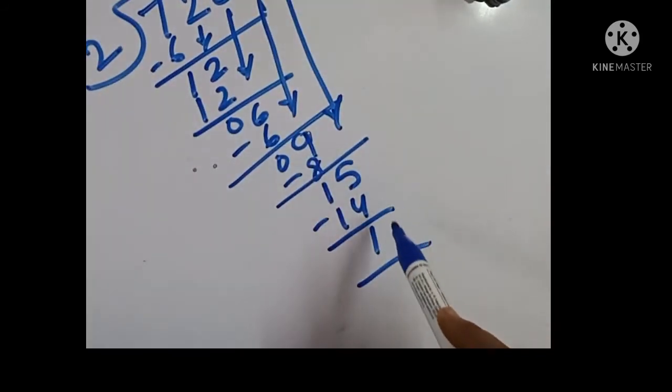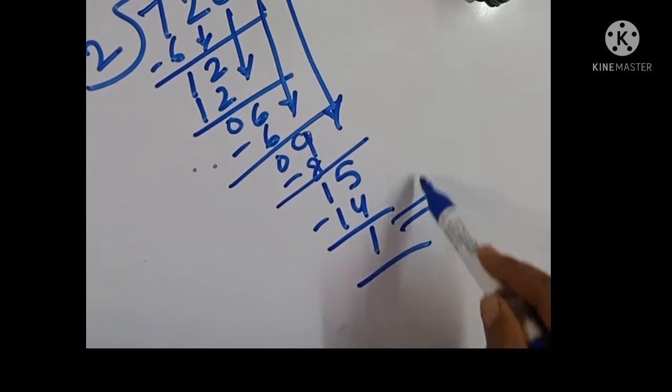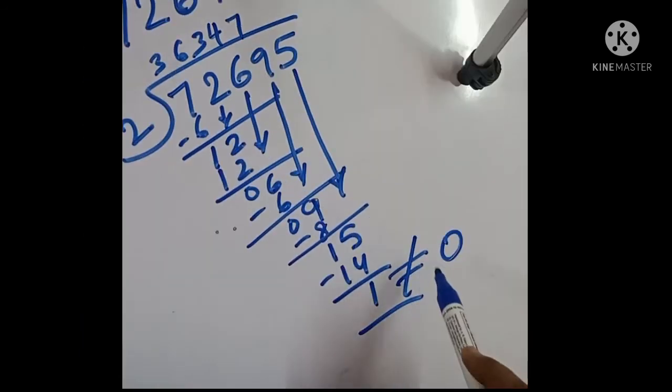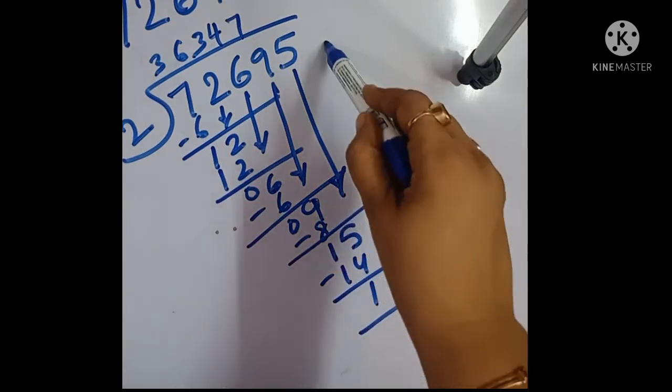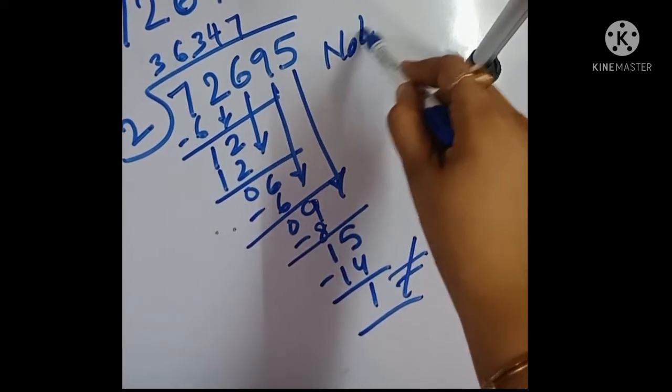In this case the remainder is not equal to 0. That means 72,695 is not divisible by 2.